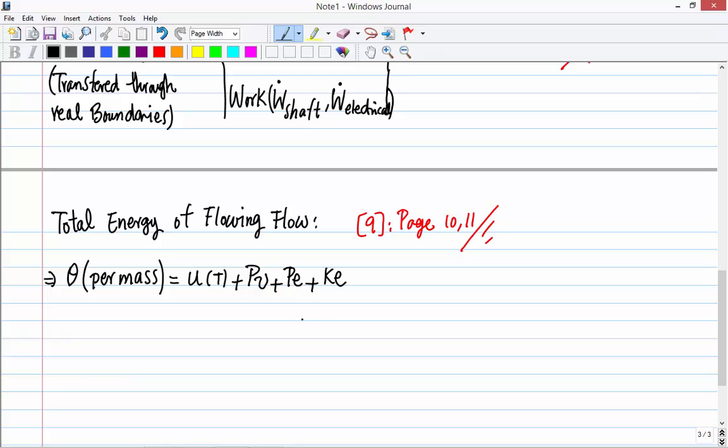And at this time we can define a new parameter, which is the combination of internal energy and flow energy, which is called enthalpy. Great. And it has to be a function of temperature and pressure both together, because we have pressure and temperature in those two terms, and I call this enthalpy. So whenever we talk about enthalpy, keep in mind that we are incorporating internal energy and flow energy at the same time.